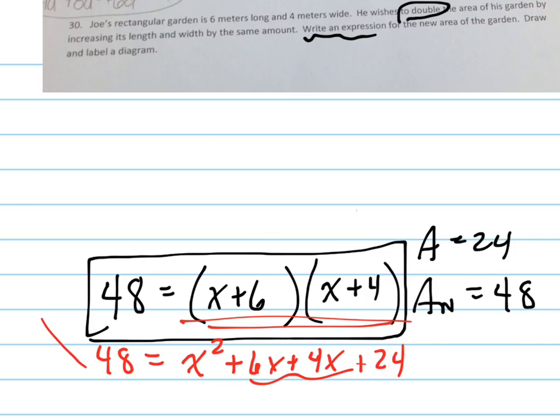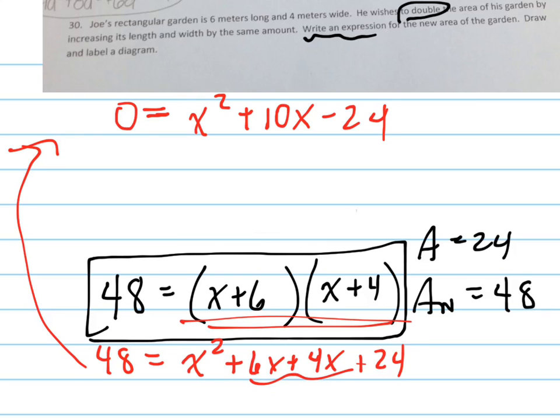So let me write this up here and do that for you right now. So I'm going to set this equal to 0. You've got to always set your equation equal to 0 if you've got an x squared and an x term. So x squared plus 10x minus 24.